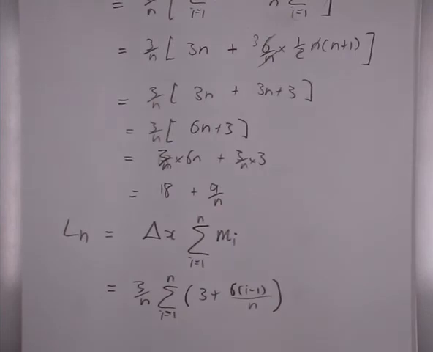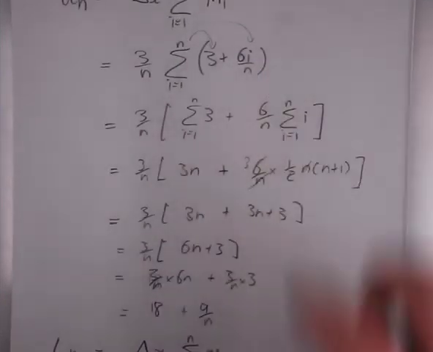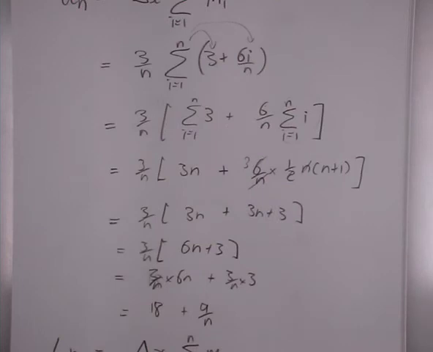And this is where the fancy trick happens. Because it is an increasing function, the minimum on one interval is the maximum on the interval next to it. And so if you look at this, this is the same as the one we had before, except it has an i minus 1.